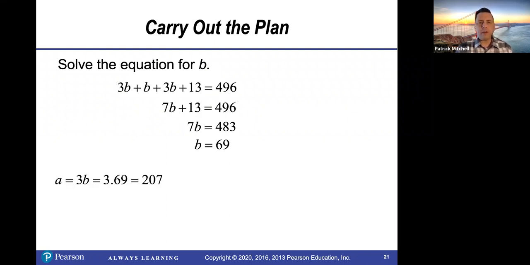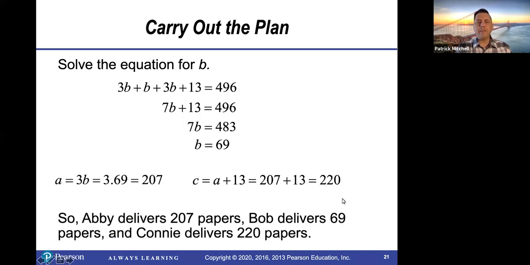A, which was equal to 3 times B, would be 3 times 69, which is 207. And C was A plus 13, which is 207 plus 13, which is 220. So now we have our 3 answers. Abby delivers 207 papers, Bob delivers 69 papers, and Connie delivers 220 papers.